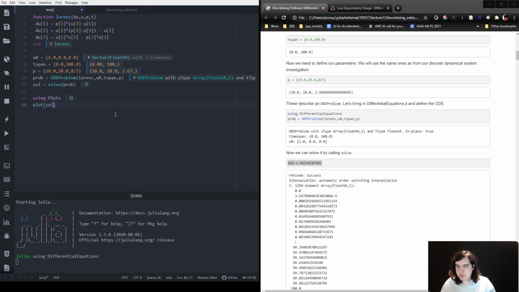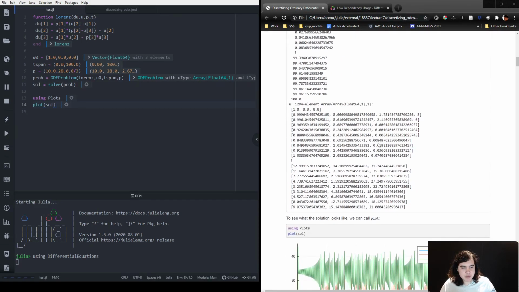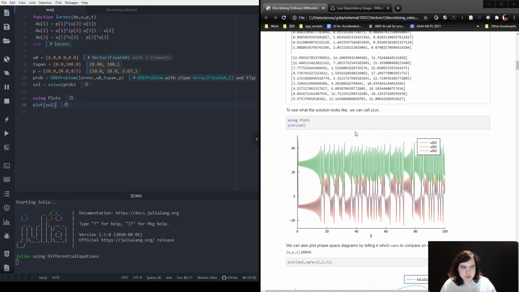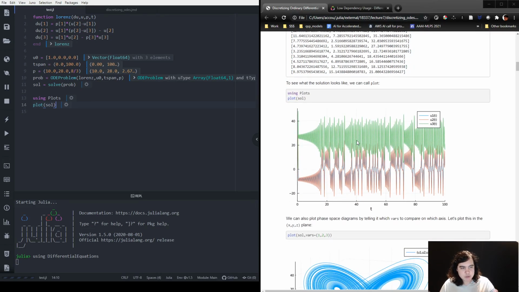While the plot library is loading here, let me describe what the solution is going to look like. It's this funky little system where you have one portion which is moving along, and then suddenly it's able to swap between two kinds of values.